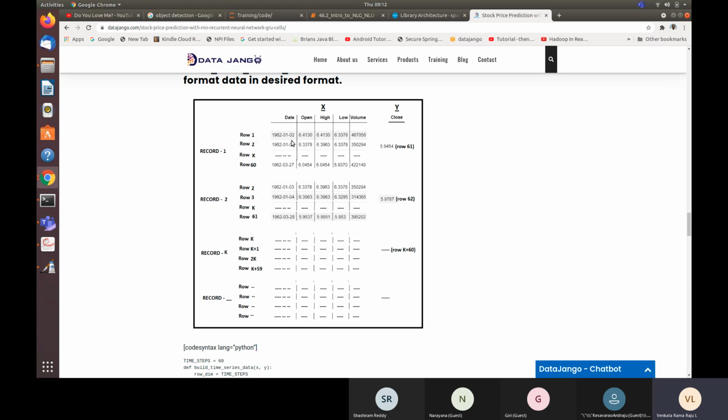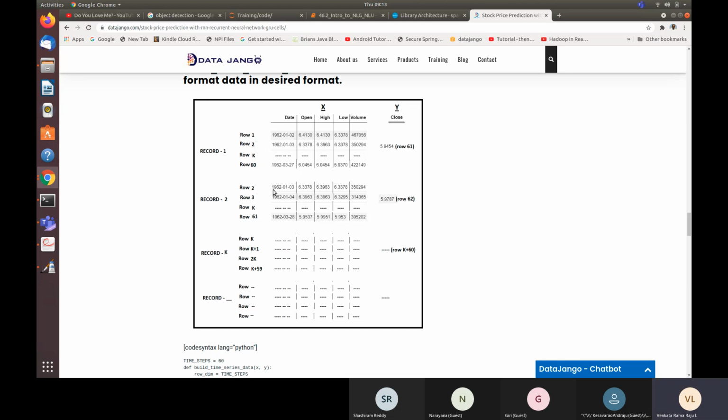The RNN model, the first time checks x1 is going to be this row, x2 is going to be this row, x3 is going to be that row, x60 is going to be that row, and y is going to be 5.94 whatever. You pass all these 60 values, generate some value, and compare it with this 61st day's closing price. That is one iteration.